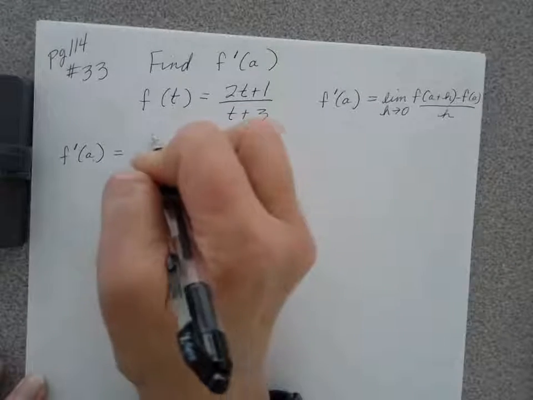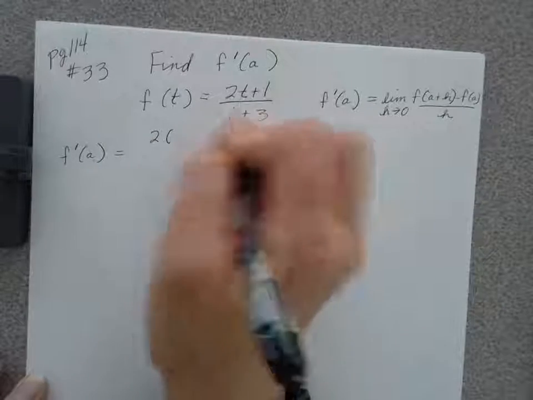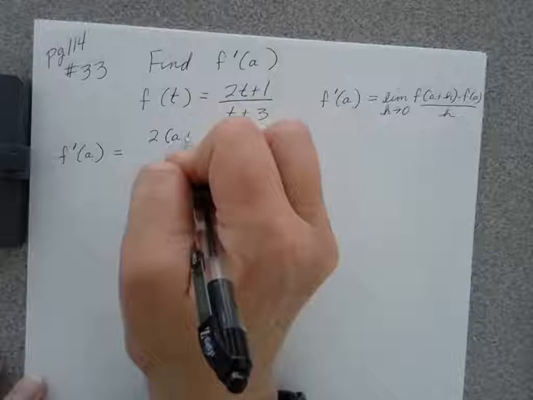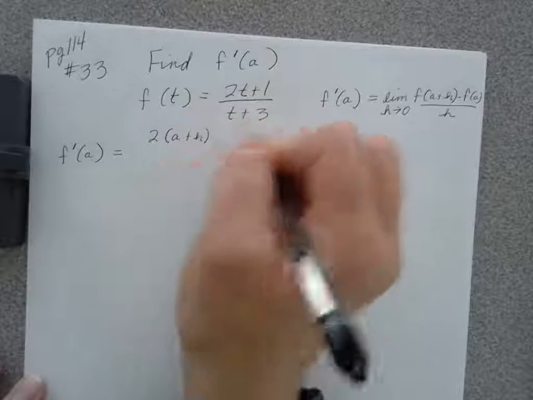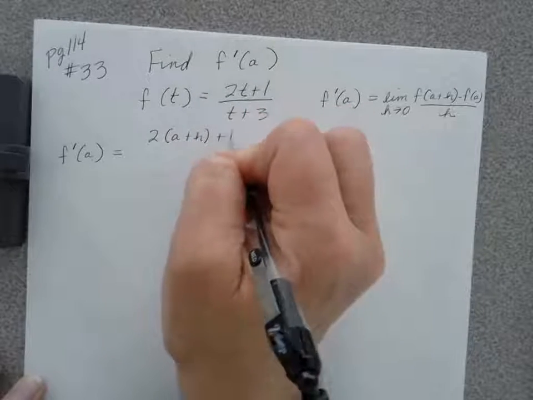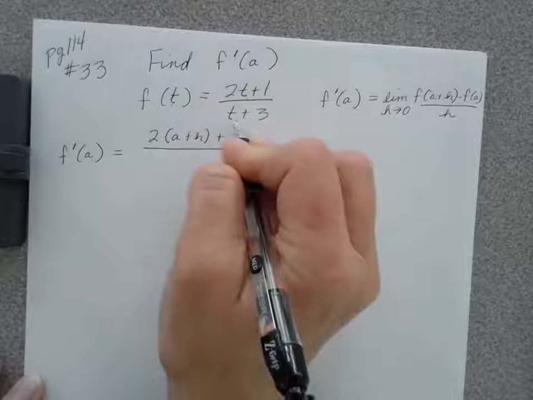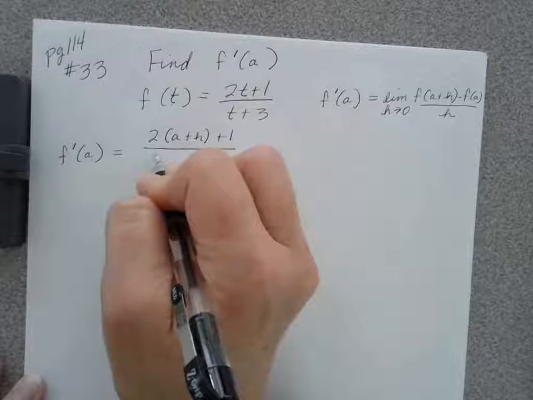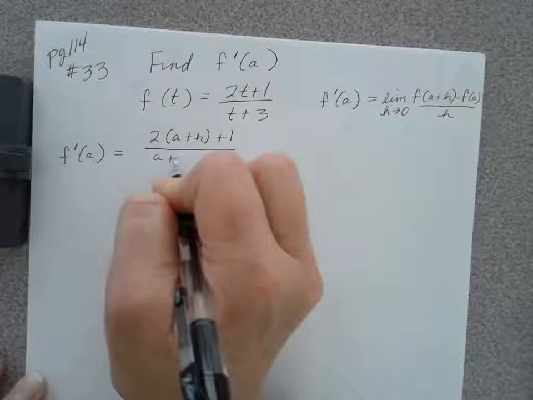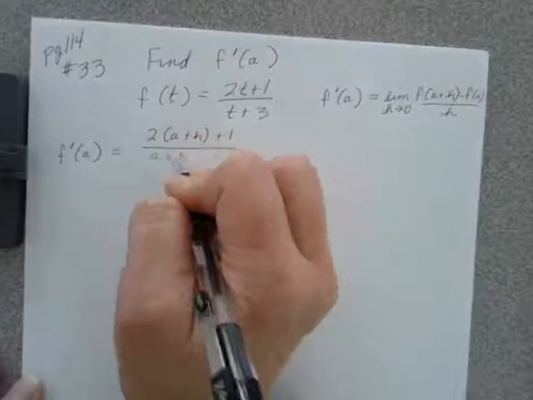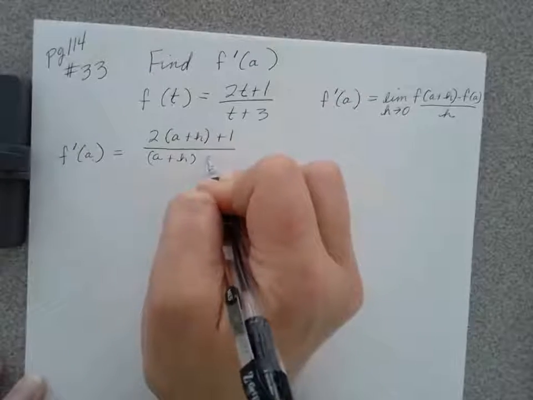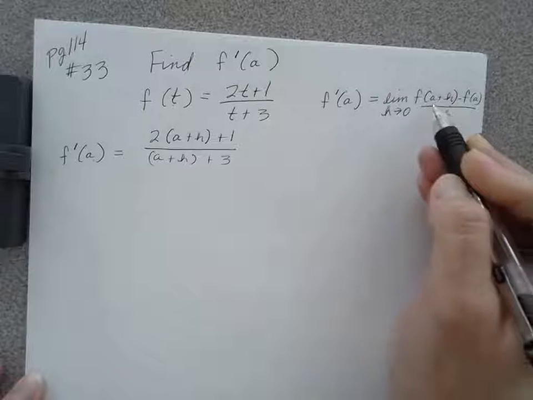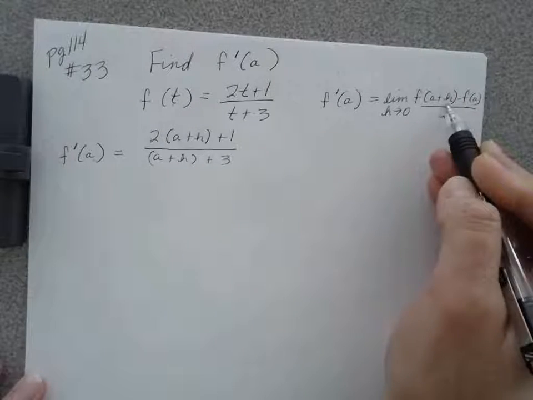Okay, so 2 times a plus h plus 1 all over, instead of t, we put in a plus h, and then plus 3.